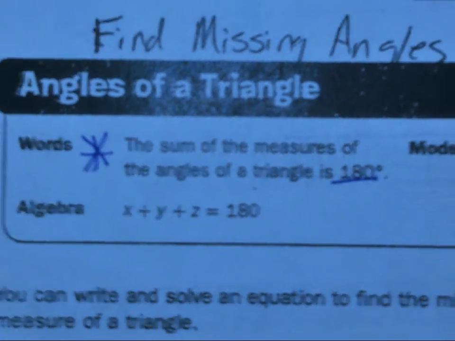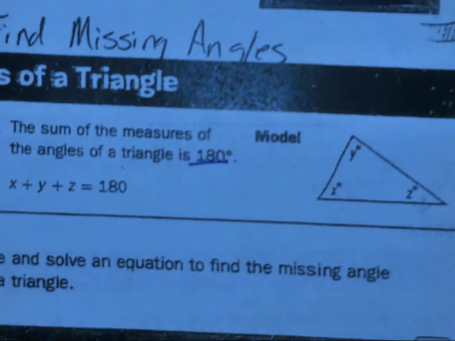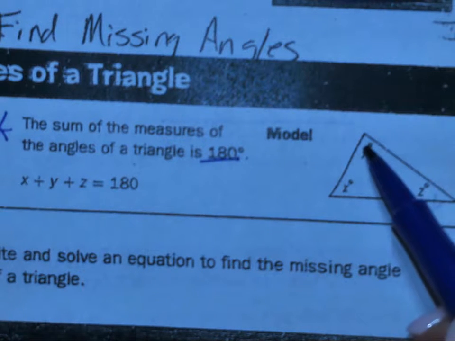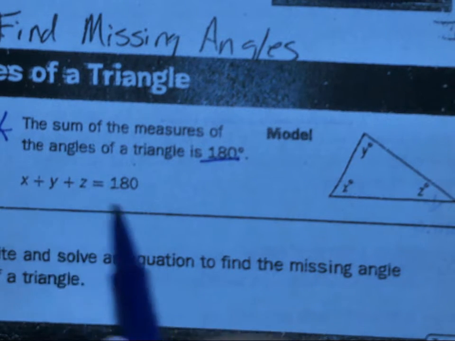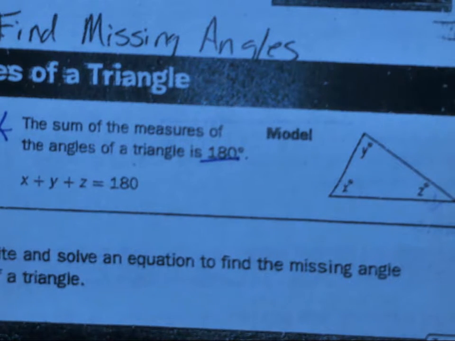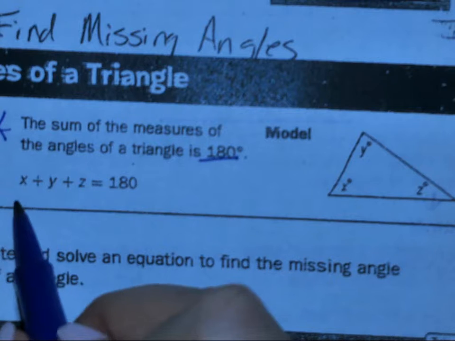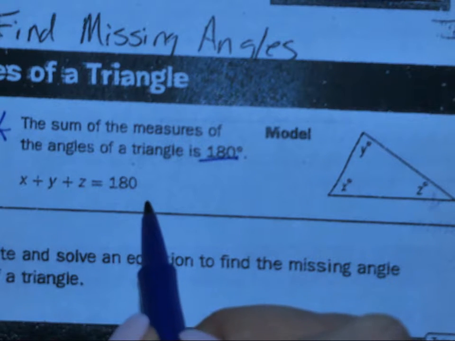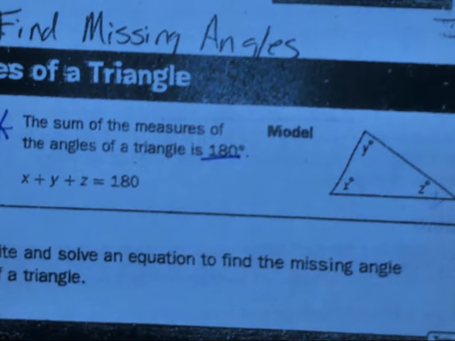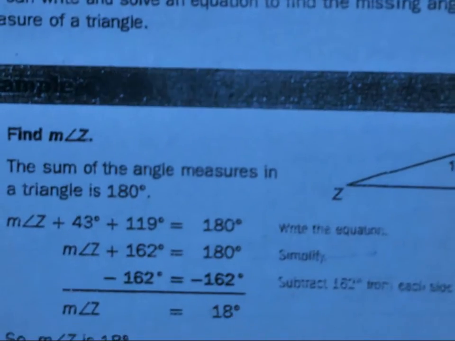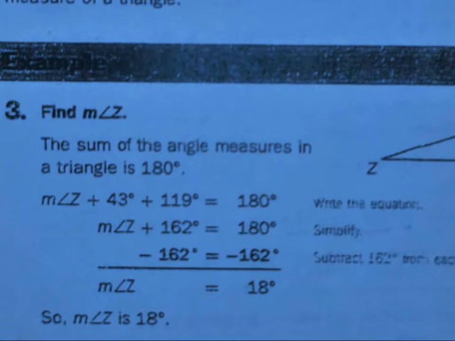So if I'm looking at the picture of the triangle that they gave me right here, that means that x plus y plus z all equals 180. So I can use the information that they give me to write an equation and then solve for that missing angle. So let's look at example number 3 and let's see if we can solve.